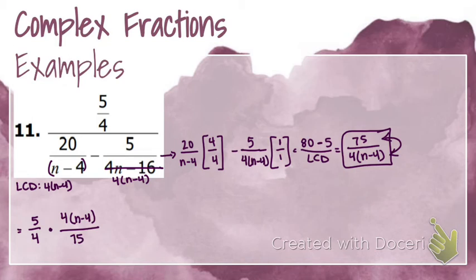So we see that our 4's will cancel. 5 over 75 is going to reduce to 1 over, I talked too fast, 15. So we're just going to be left with n minus 4 over 15.